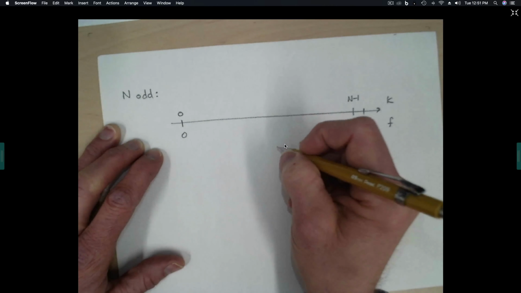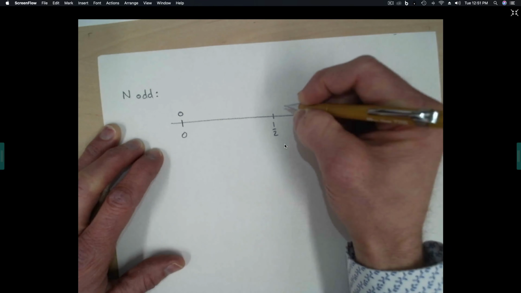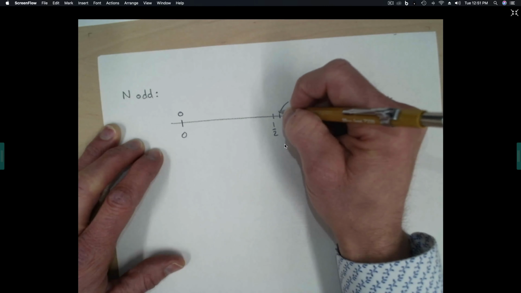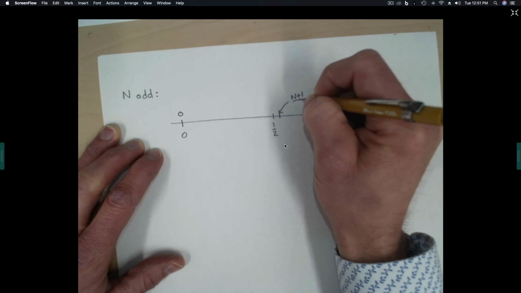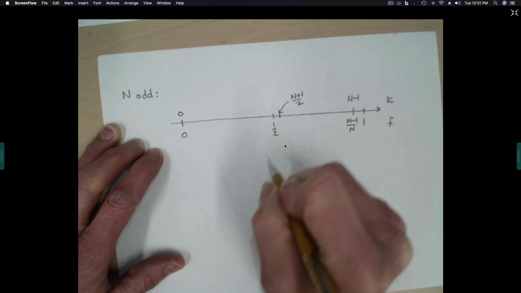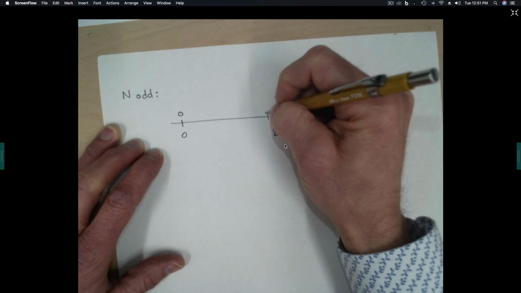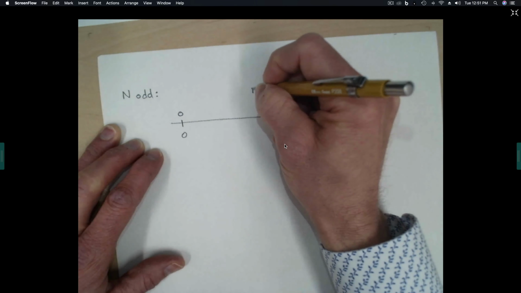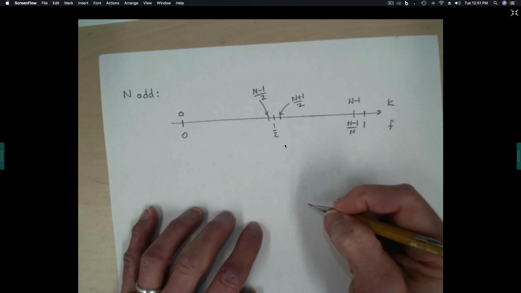The difference between the even and the odd case occurs down near frequency 1/2, and we have a bin index n plus 1 over 2 that's just a little bit above frequency 1/2, and we have bin index n minus 1 over 2 that's just a little bit below 1/2.